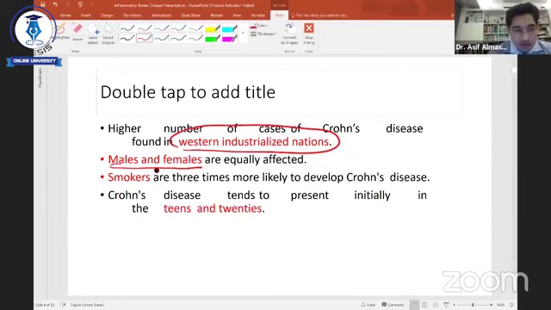Smokers, now this is very important. Remember this. Smokers are 3 times more likely to develop Crohn's disease. If you remember from the lecture on ulcerative colitis, smoking is protective in ulcerative colitis.